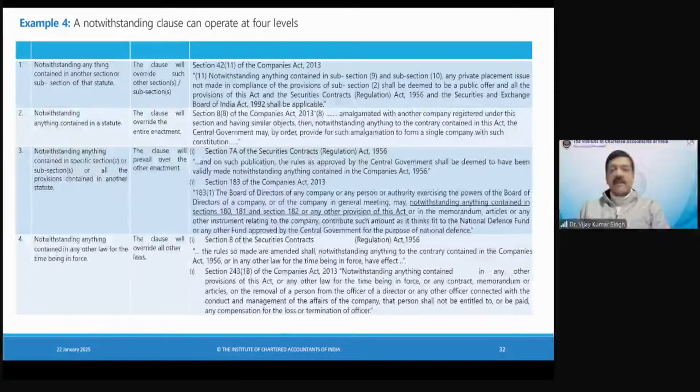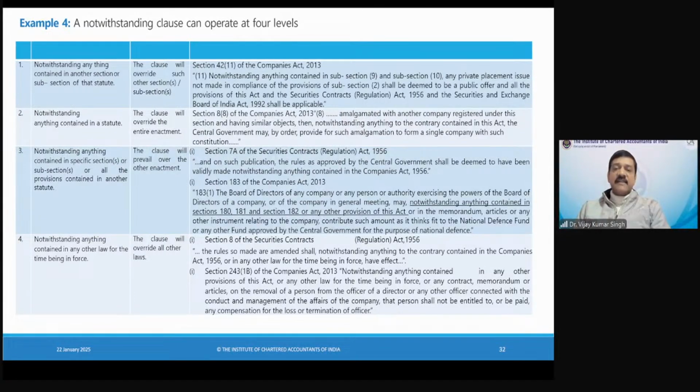For example, section 42(11) of the Companies Act says notwithstanding anything contained in subsection so and so, any private placement issue not made in compliance with the provisions of subsection 2 shall be deemed to be a public offer, and all the provisions of this Act and securities so and so shall be applicable. This is what it is trying to say.